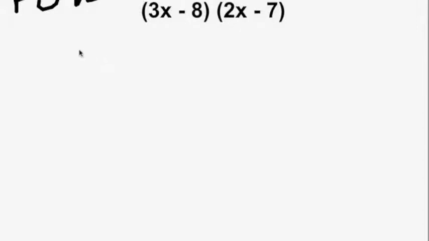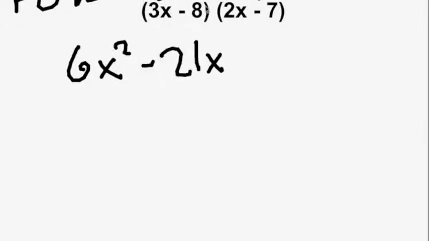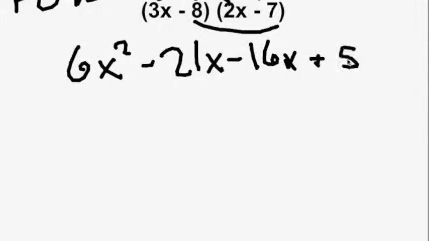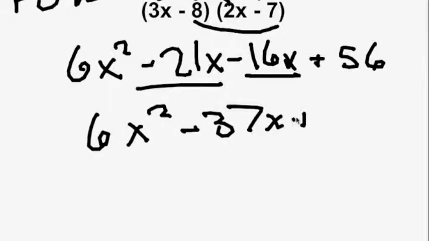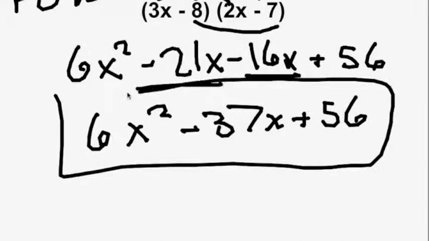So you do the first terms, so 6x squared, and then the outer terms, so minus 21x, the inner terms, minus 16x, and the last terms, plus 56, and you can combine like terms, so 6x squared minus 37x plus 56, and that is your answer.